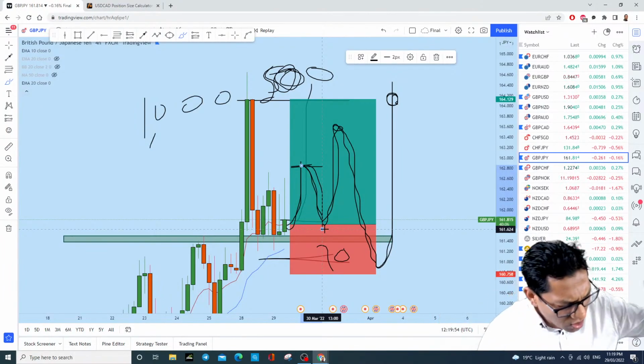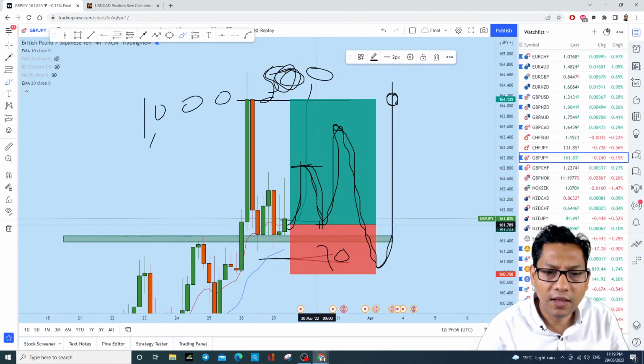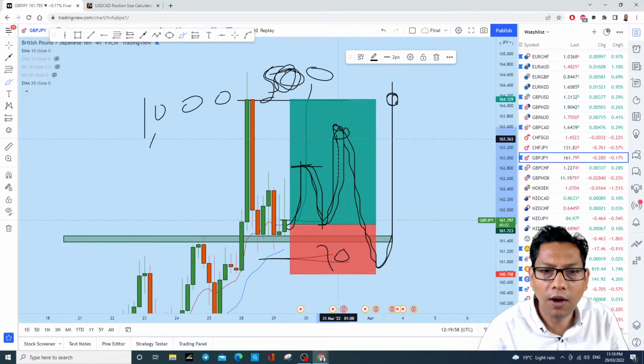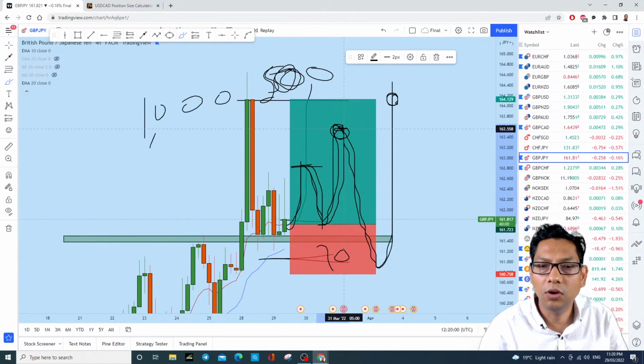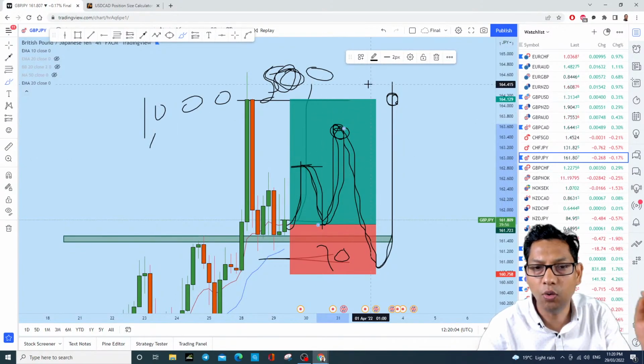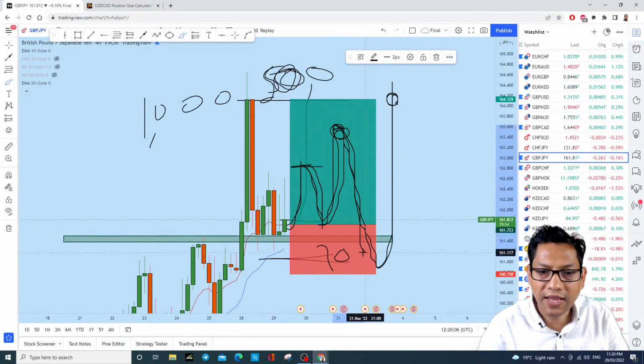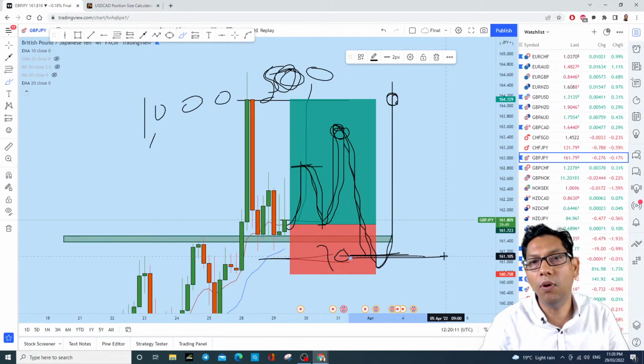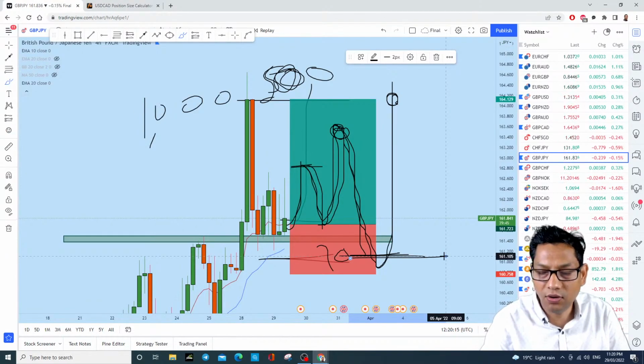Why did I do that? Then you wait, the price goes to $60, and you say, okay, Forex Wizard said I might get the full profit, I will wait. And then the price comes back here, and because your account doesn't have enough equity, it blows out. I don't want this to happen.